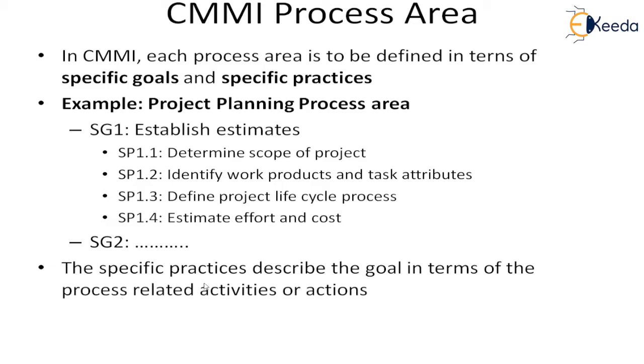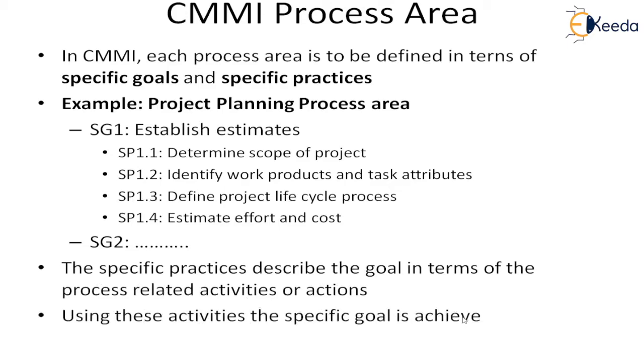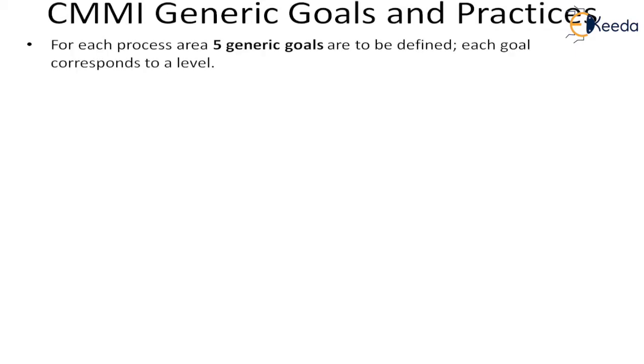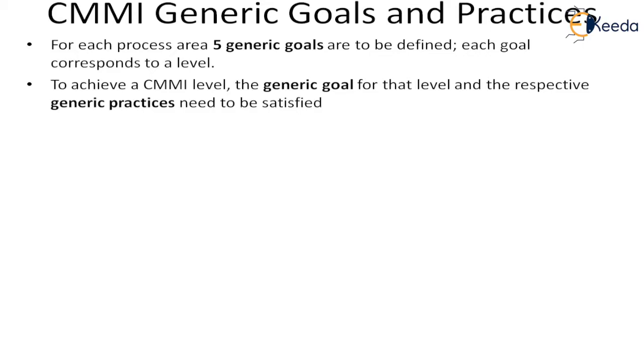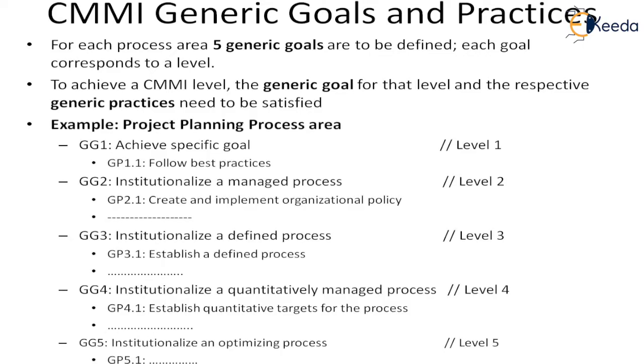The specific practices, as we have seen, describe the goal in terms of process-related activities or actions. Using these activities, the specific goal is achieved. Now let's look at the generic goals.